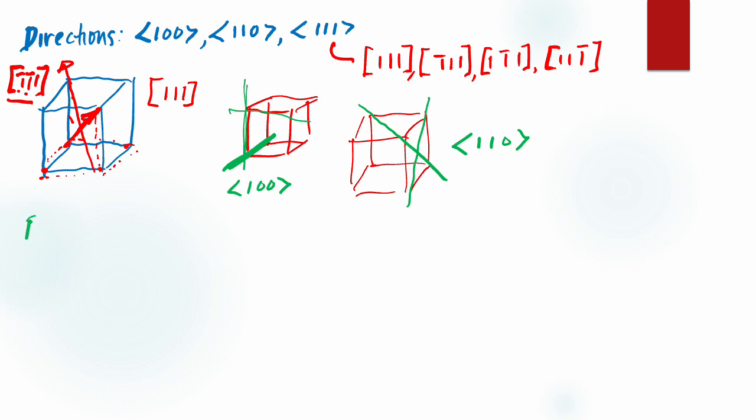So for BCC materials, they deform permanently in the, I should say family, they deform permanently in the one, one, one family.